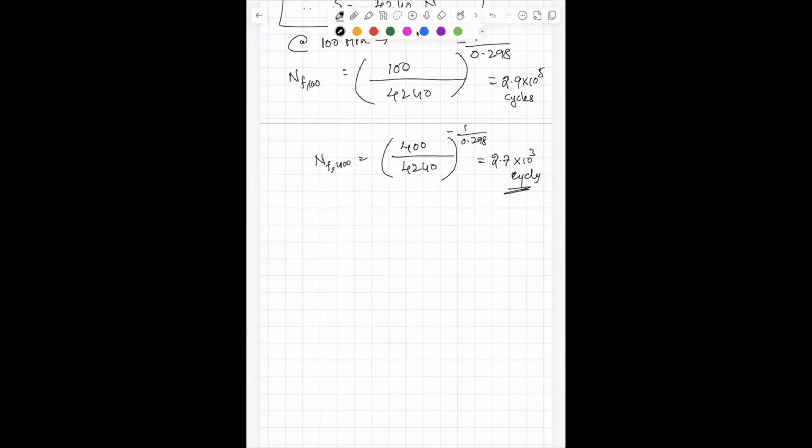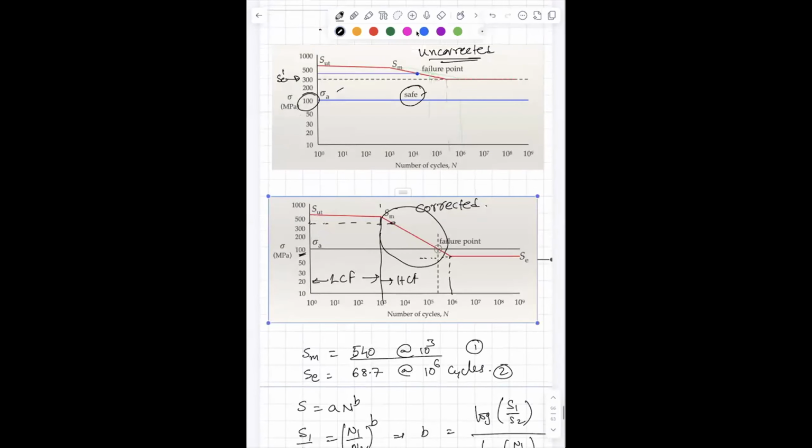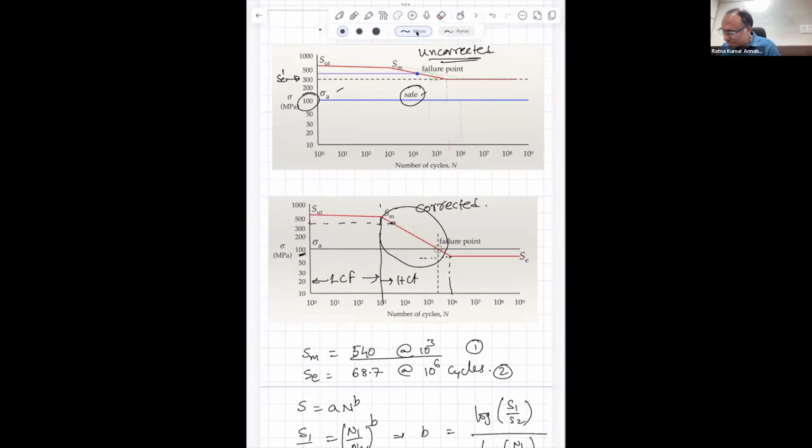Professor, on the failure point, how to figure out, sir? What do you mean by how to figure out? In the graph, you mentioned failure point, right? All that I'm saying is, you have got the SN diagram. This line is known, this is what you have constructed now.